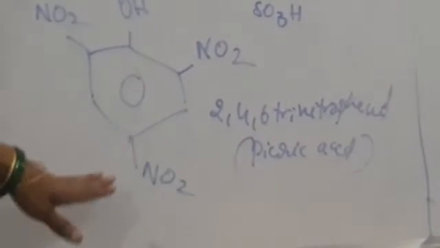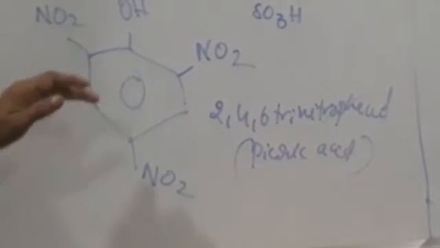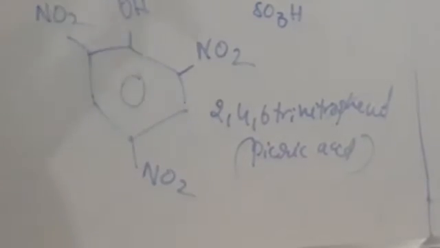So this is the preparation of picric acid through the nitration process. But here phenol first undergoes sulfonation followed by nitration.